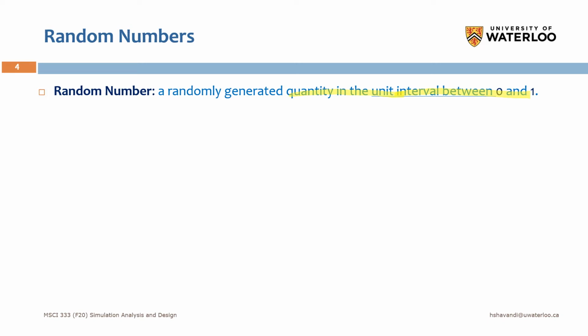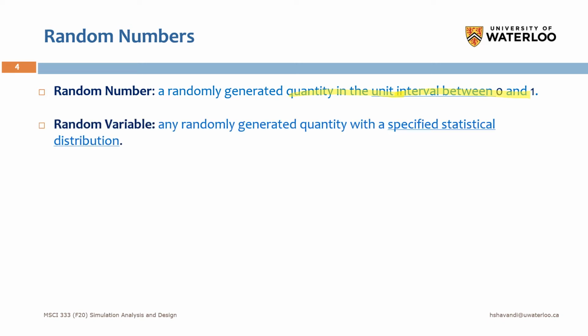So what's a random variable? What's the difference between a random number and a random variable? A random variable is a randomly generated quantity with a specified statistical distribution. A random number is a number between 0 and 1 which has been generated randomly.